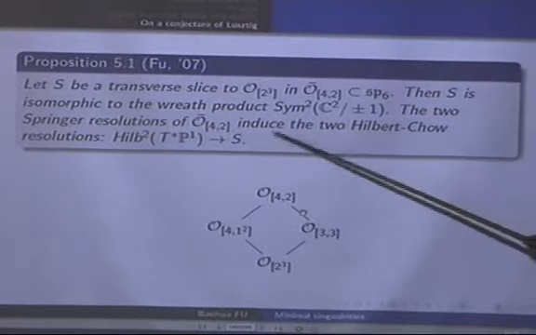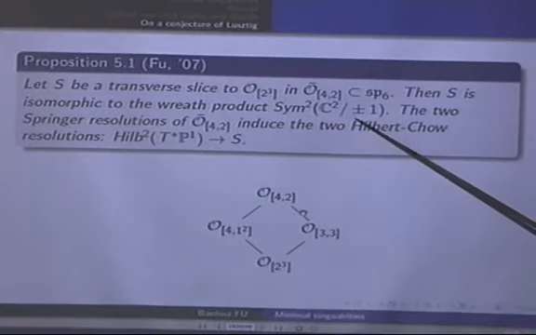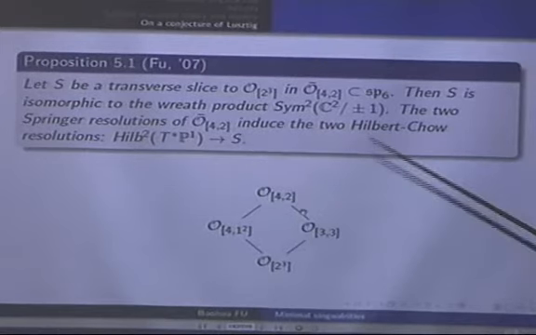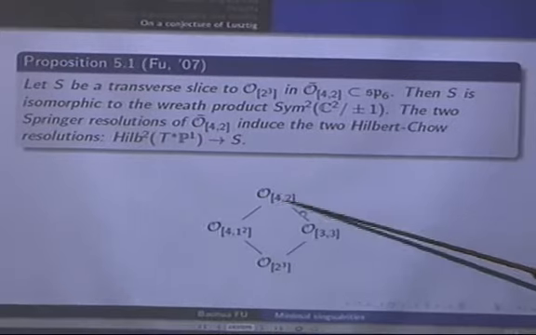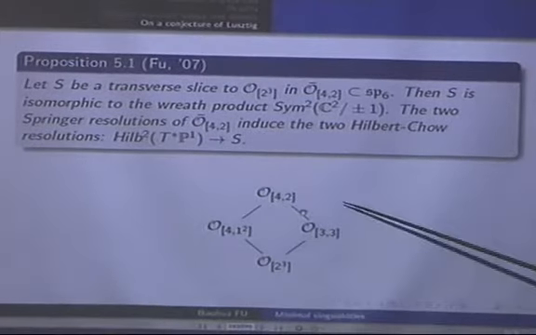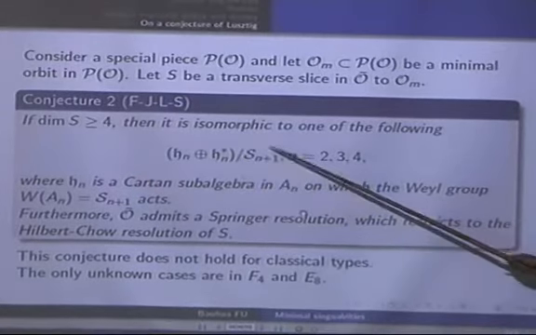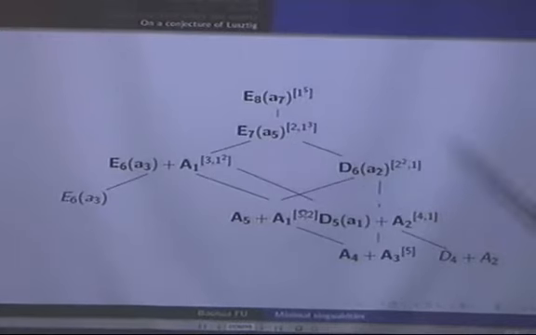And also the Springer resolution of this one, when you restrict to the transverse slice, gives the two Hilbert-Chow resolutions, which are connected by a Mukai flop. So this has two Springer resolutions, but this has just one Springer resolution, one symplectic resolution. And in this case, every orbit like this has only one symplectic resolution. So that's all. Okay, thank you.